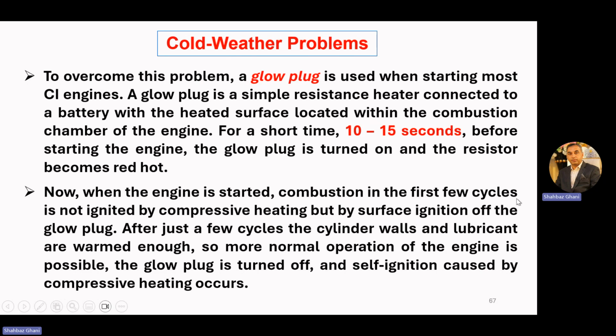After just a few cycles, the cylinder walls and the lubricants are warmed enough, so more normal operation of the engine is possible. The glow plug is turned off and self-ignition caused by compressive heating occurs. So basically, the glow plug is an aid to start the cold CI engine.